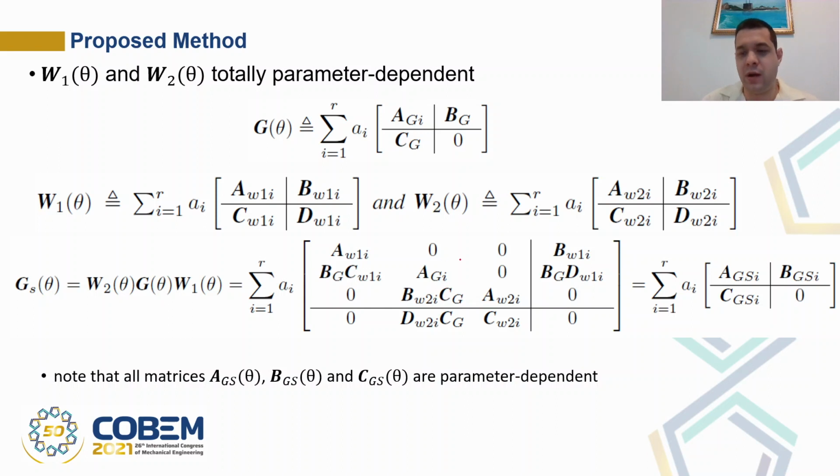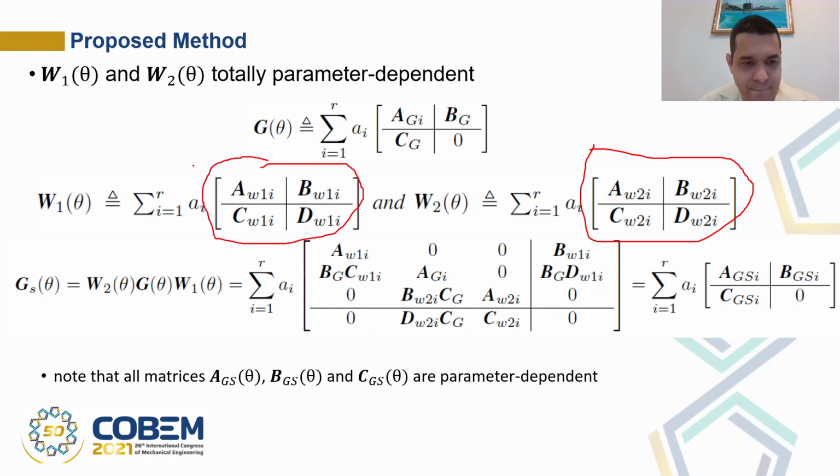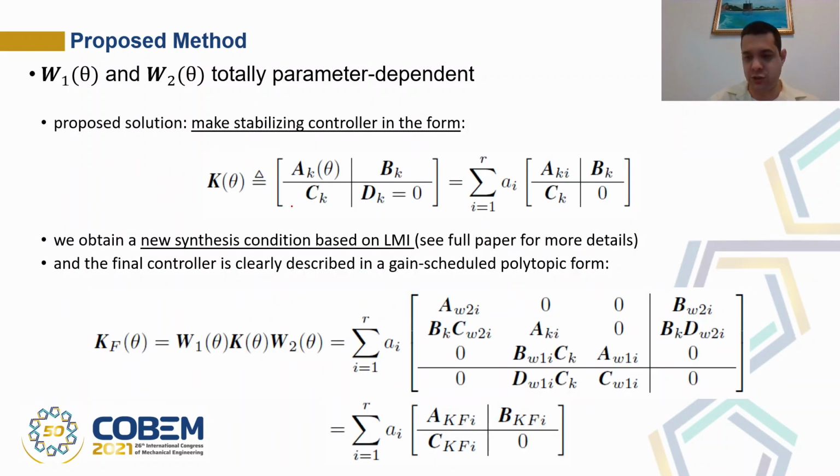However, when totally parameter dependent, the weights have all four matrices as parameter dependent, here, here. Besides that, the shaped plant has three matrices in this form, here. Then we need to change the standard approach to solve the synthesis condition.